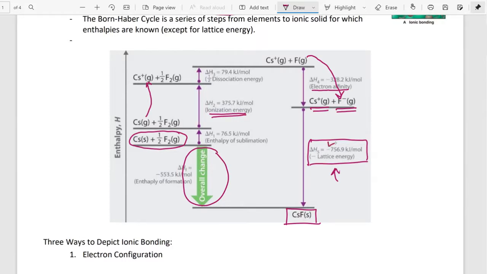One little thing I want you to add in over here, just to make sure you understand the value in this, is that the negative lattice energy signifies a release of energy.